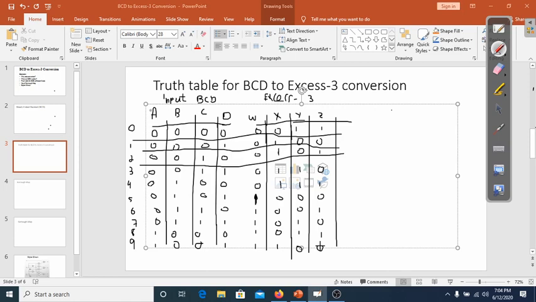Now in the next step, I have to construct the Karnaugh-Map by using this truth table.